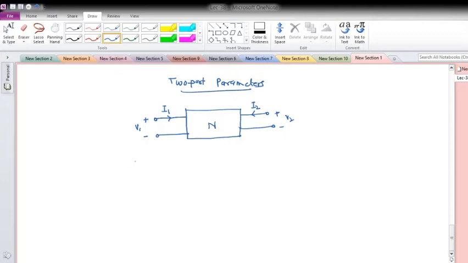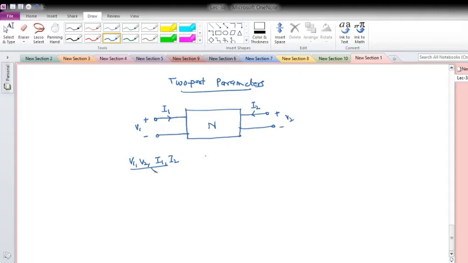Okay, so now we have four variables, which are V1, V2, I1 and I2, which are available to us, and assume that all are in transform form.